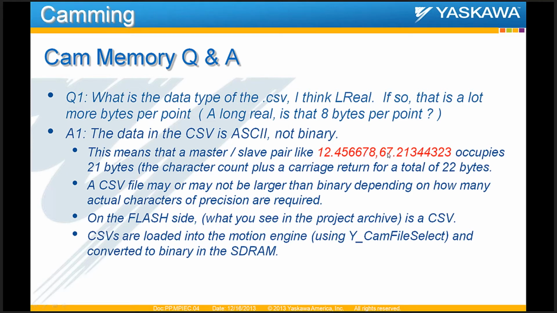If I put down simply 12.45 and that's all I required, then this number could potentially be smaller, but in either case it must be an ASCII value as a CSV file in the Flash. And as I mentioned earlier, CSVs are loaded into the motion engine. There again, that's the 2 copies we would end up having in the controller when we use cam file select.